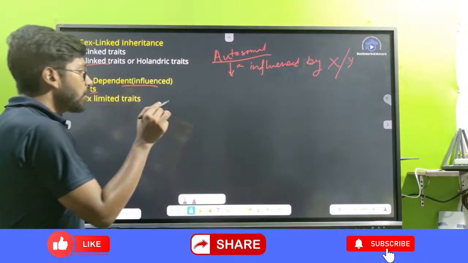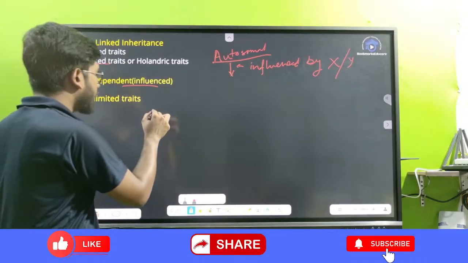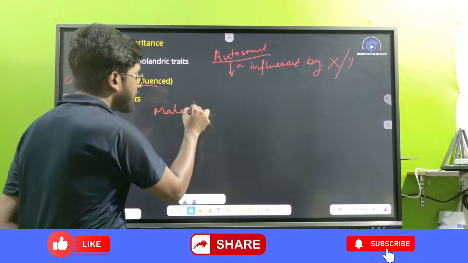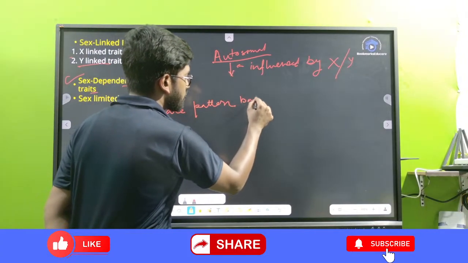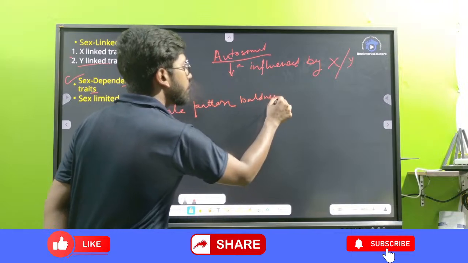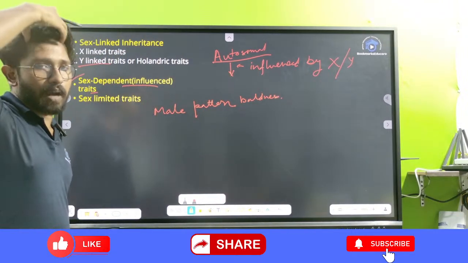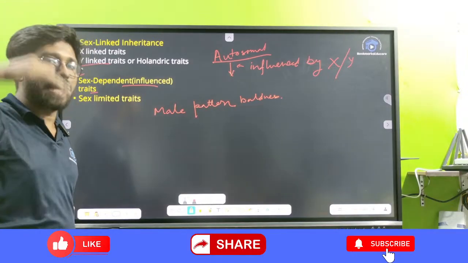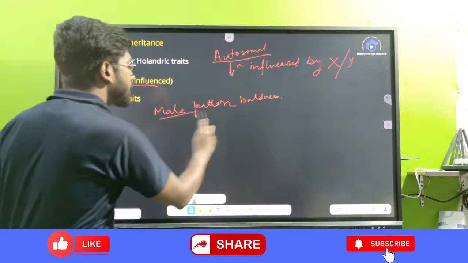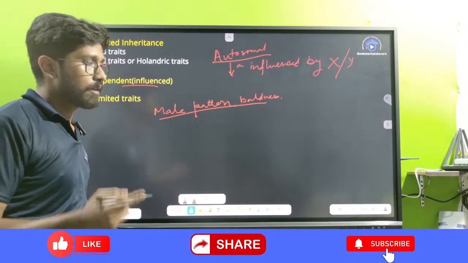For example, one thing we have seen many times is male pattern baldness. You can see many males have their hair receding and the hairline getting back and back as they age. Why does it happen mostly in males?